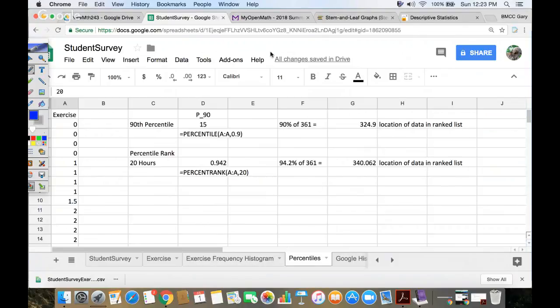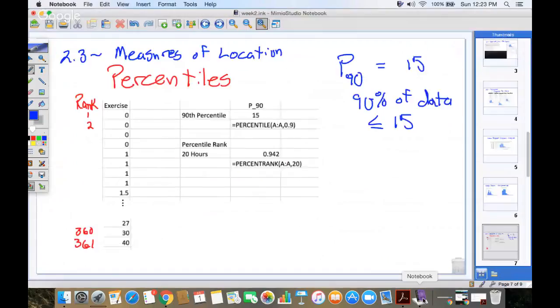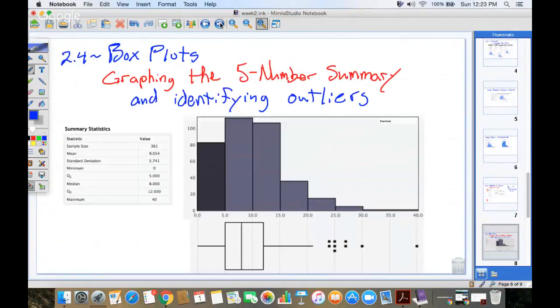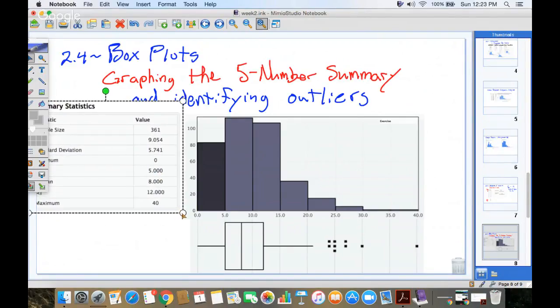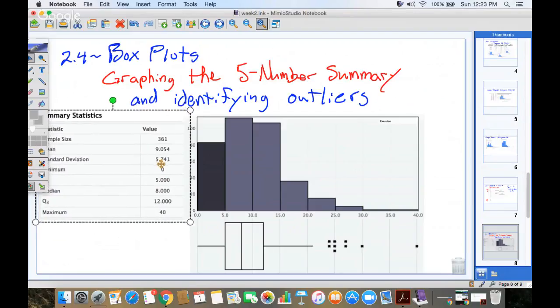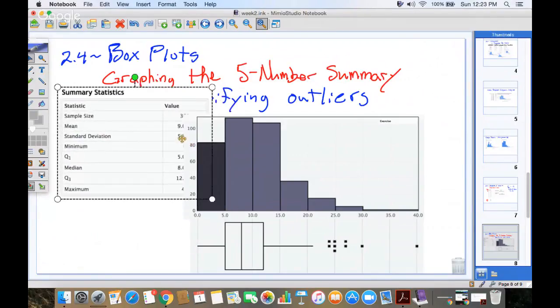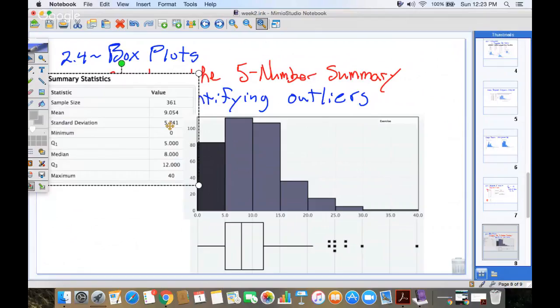Now, there are some special percentiles, like the 25th percentile, the 50th percentile, and the 75th percentile. We call those quartiles. Quartiles are involved in what's called a box plot, which is a 5-number summary. And this can be generated in a variety of programs.